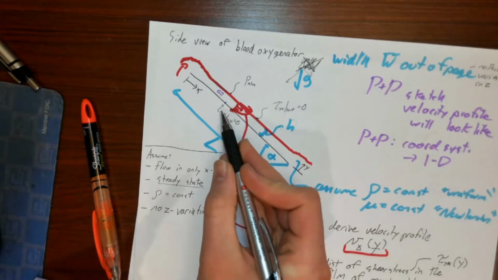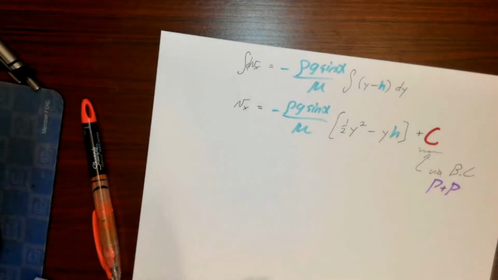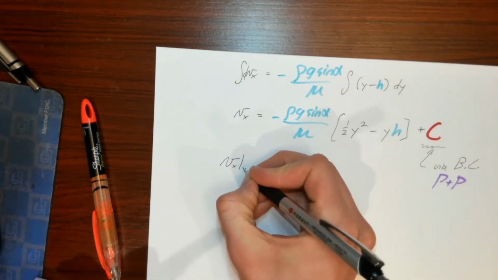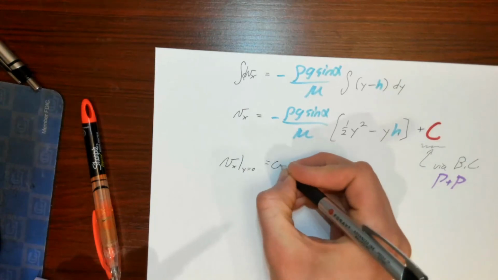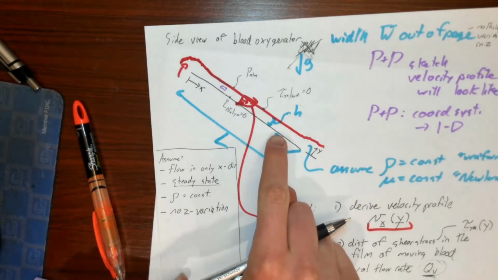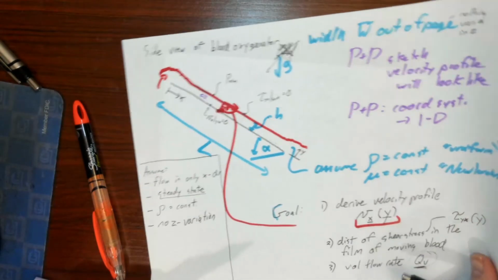So our x velocity evaluated at y equals 0 is equal to 0. Let me write that out a little larger and more mathematically. That's basically saying the molecules of blood right above the non-moving plate are also not moving.